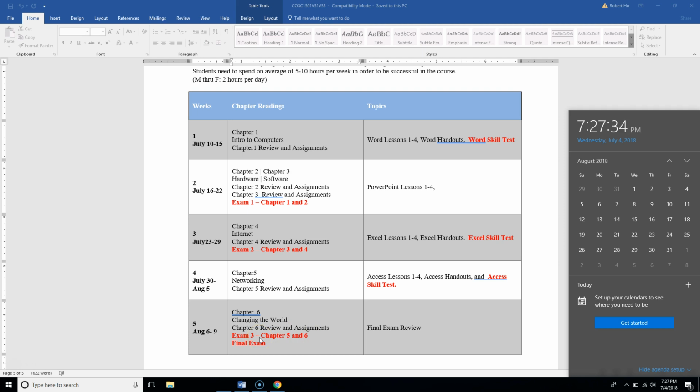We will have exam number 3 that covers chapters 5 and 6, and the last one is the final exam. So at the end of week number 5, which is here on August 9, Thursday, students need to take exam number 3 and the final exam.